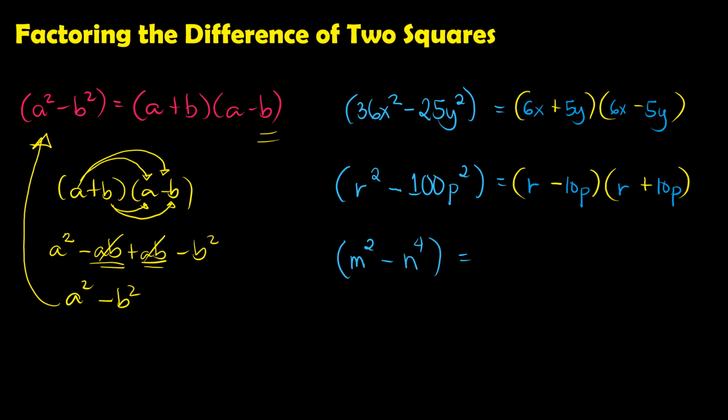So, what about m squared minus n to the fourth? So, again, this is for difference of two squares, ha? O, unahin naman natin si positive ngayon. So, m squared is from m times m. Saan naman galing si n to the fourth? Ano bang square root ng n to the fourth? Anong factors pag pinag-multiply will give you n to the fourth?